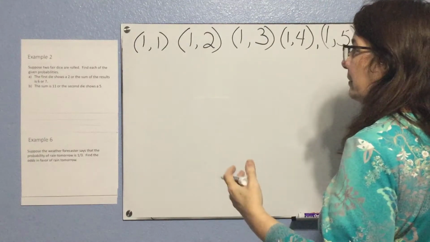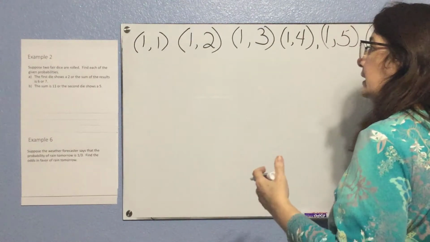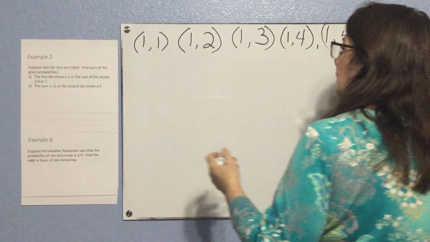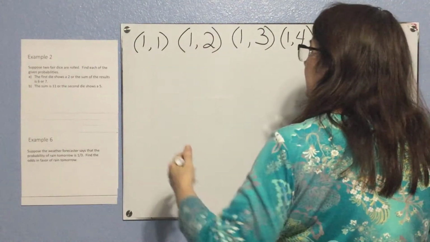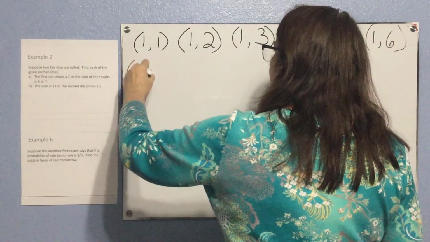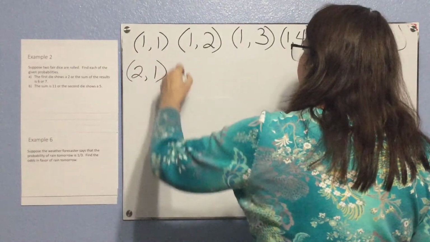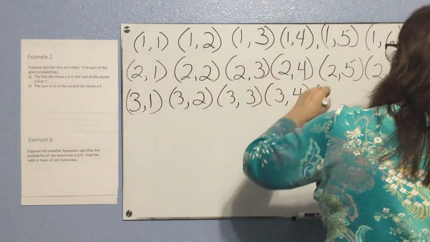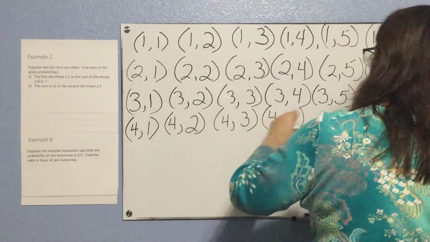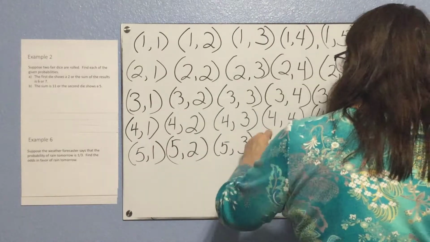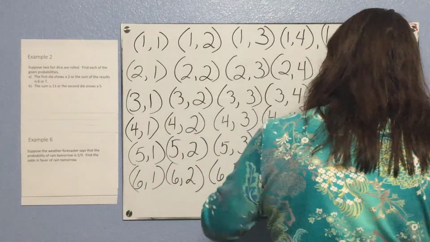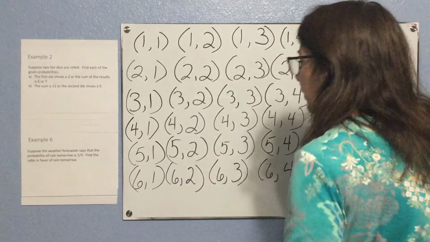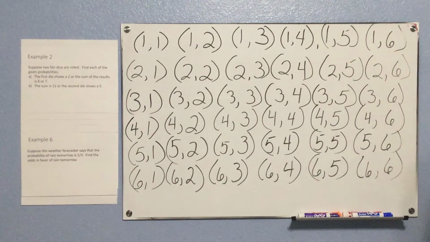And because we talk about the first die and the second die, that means that 1, 2 is distinct from 2, 1. Those are not considered the same thing. Okay, so here are all the possible outcomes for this event of rolling 2 dice.